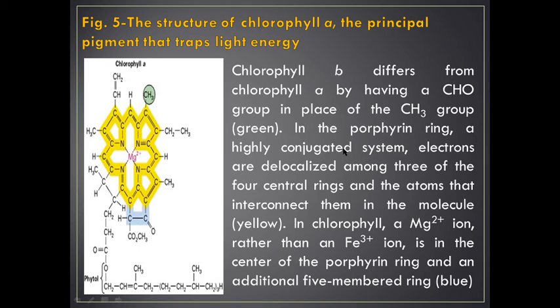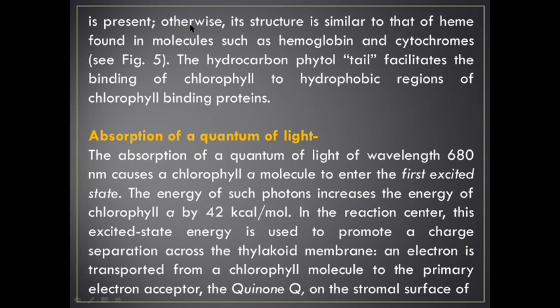In the porphyrin ring, a highly conjugated system, electrons are delocalized among three of the four central rings and the atoms that interconnect them in the molecule. In chlorophyll A, a magnesium ion rather than a ferric ion is in the center of the porphyrin ring, and an additional 5-membered ring is present.